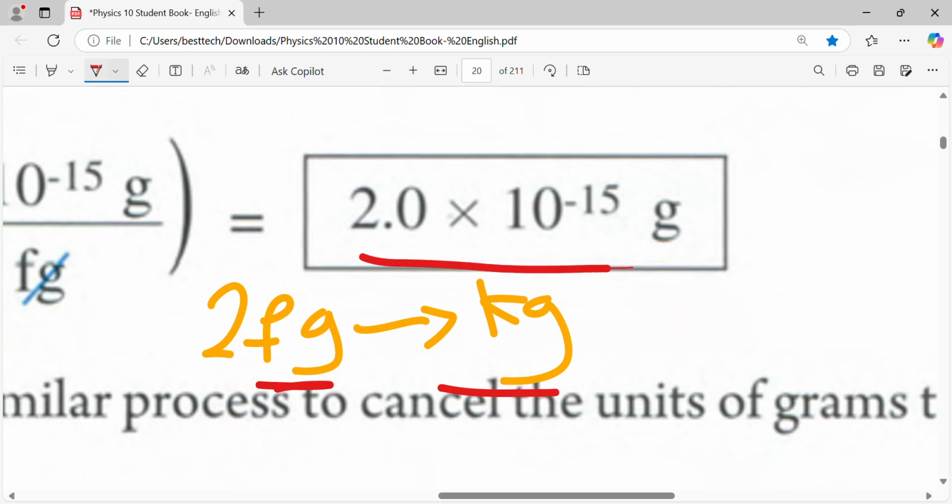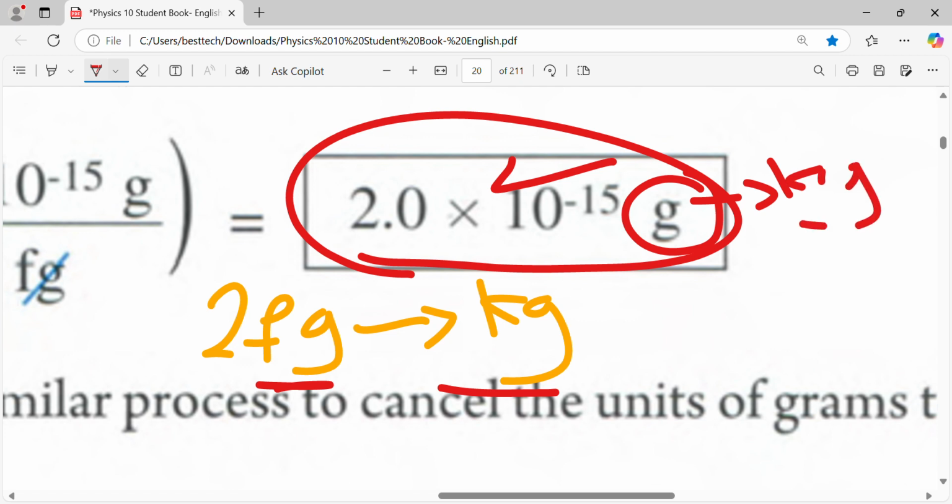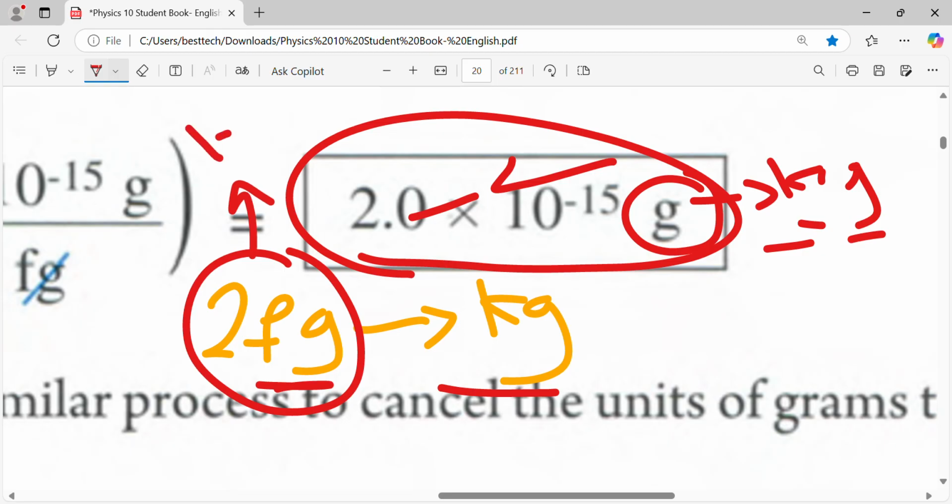The previous part we found by gram, right? We found by gram. So we can use this number because by gram we have the rule gram to kilogram. So we can get the benefit from this part to make it kilogram, because femtogram is hard to make kilogram. There is no rule, but you have the rule of the gram.